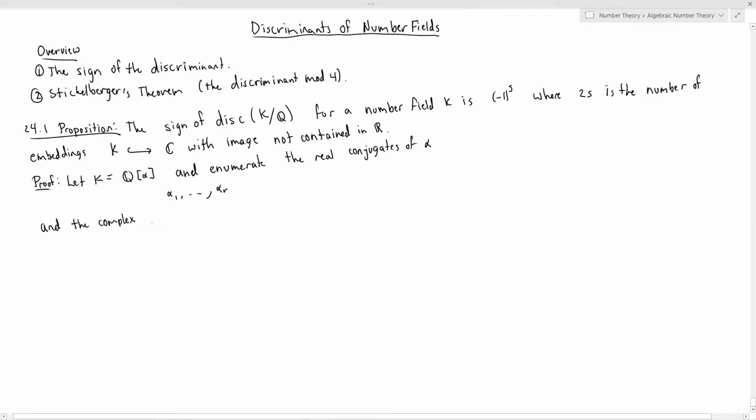Yeah, I could see this being confusing in that I'm using conjugate in two ways. I'll specify these are the Galois conjugates. Complex Galois conjugates alpha_{r+1}, alpha_{r+1} bar, and so on and so forth, alpha_{r+s}, alpha_{r+s} bar.